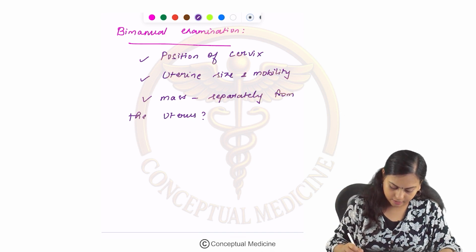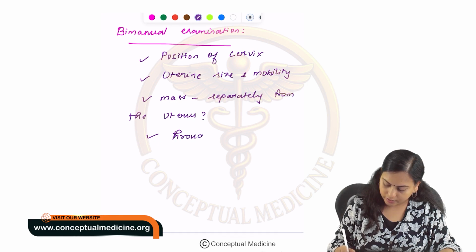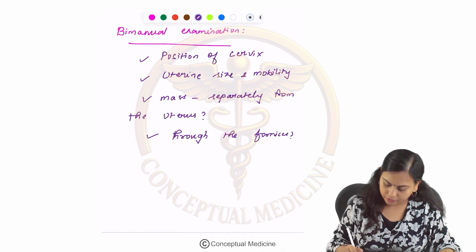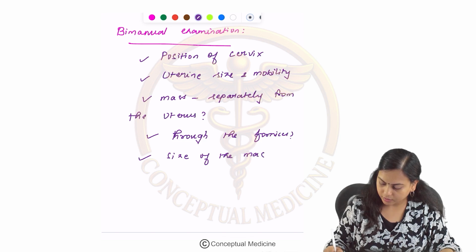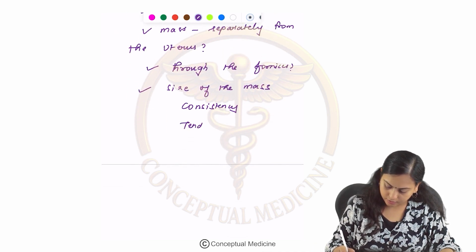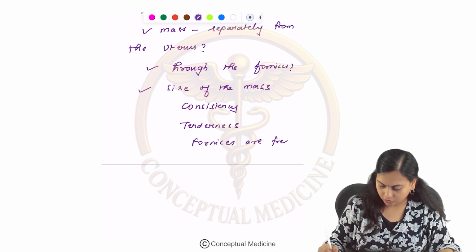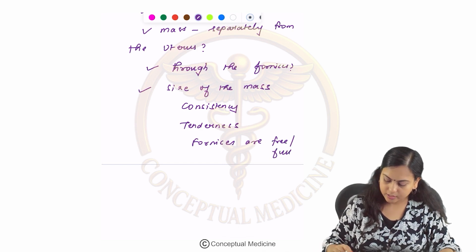Yes. And next you have to also check through the fornices, okay, if anything is felt or not. You have to check for the size of the mass, consistency, tenderness, and check if the fornices are free or full, right?